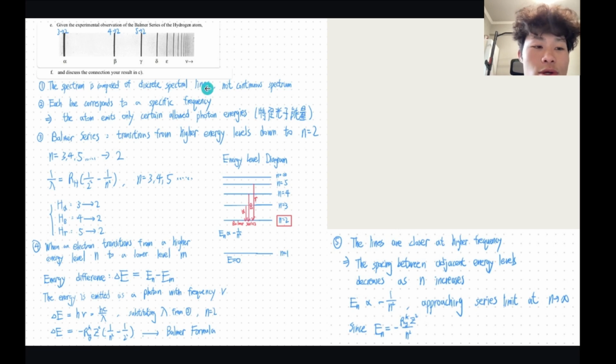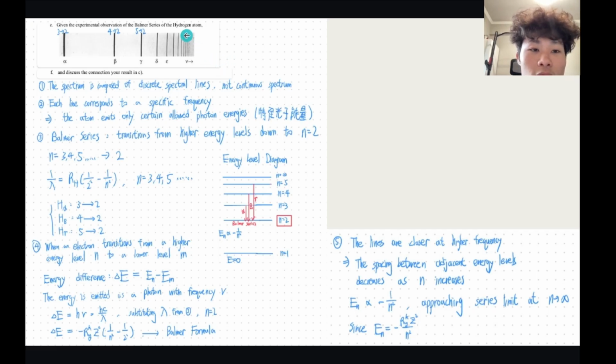As you can see in the picture, the lines are discrete. The spectrum is composed of discrete spectral lines, not a continuous spectrum. And each line corresponds to a specific frequency. The atom emits only certain allowed photon energies, 只释放特定的光子能量 in Chinese for reference.